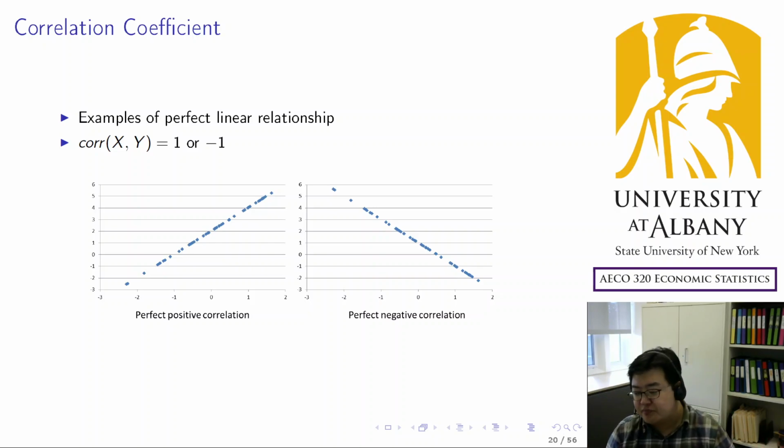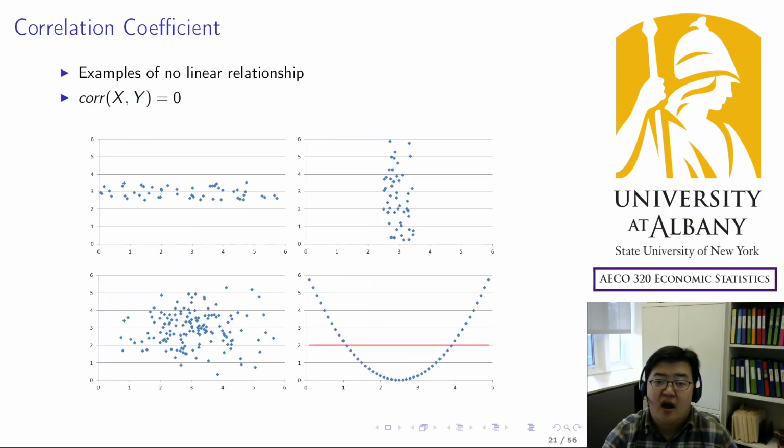So this is the perfect relationship, the strongest possible relationship. And these examples are more like a warning, special cases. The correlation coefficient can be 0 in several cases.